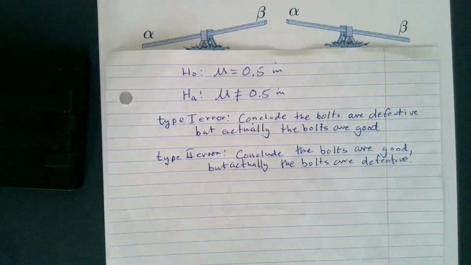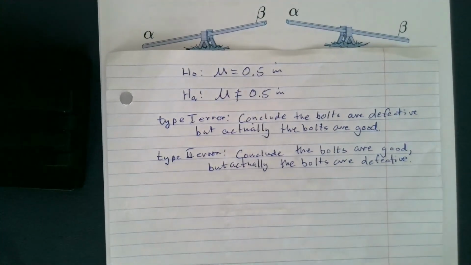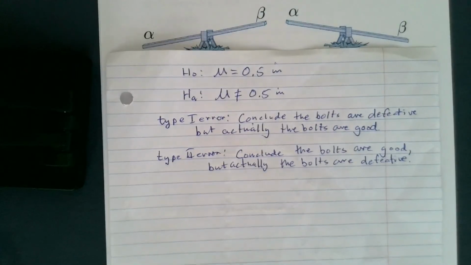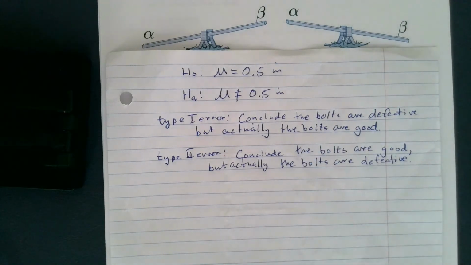Now, what would be the consequences for the company if they made a type 2 error? Well, let's think about that. The company would be sending out defective bolts thinking that they're actually good. Well, that doesn't sound very good, because if they sent out defective bolts, they could get sued.